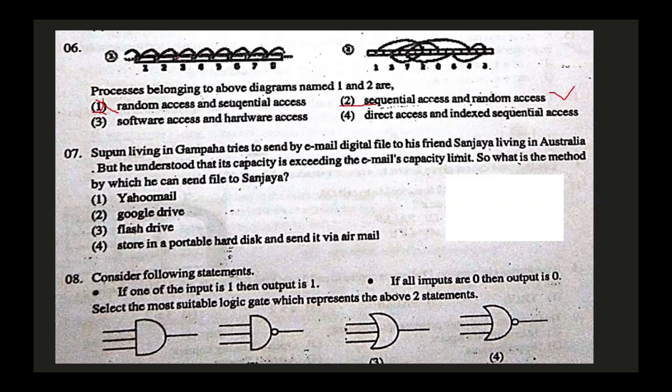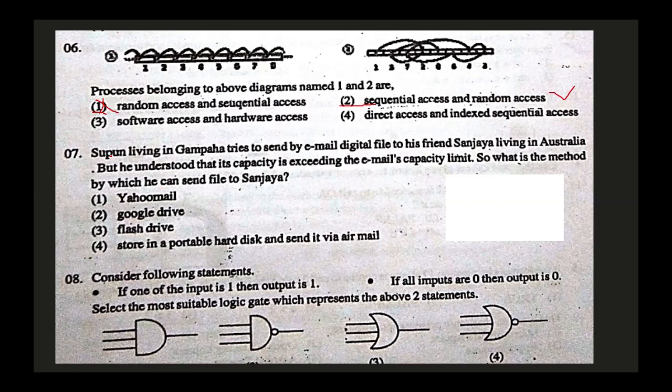Sequentially we can access some data, and randomly. An example for sequential access is a magnetic tape, where the data is stored and we have to retrieve it sequentially. In CD, DVD and hard disk we can access data randomly.